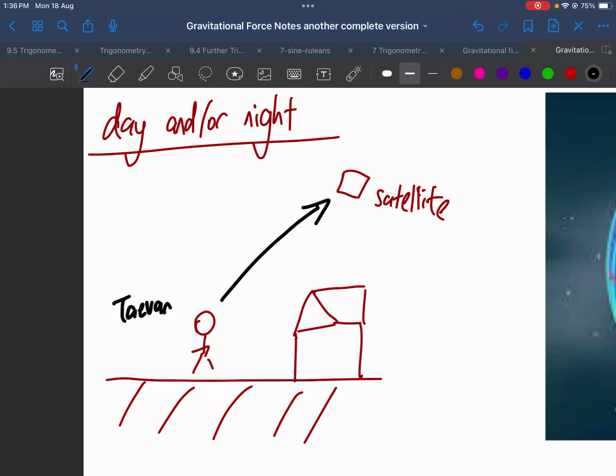Let's say 8 hours have passed, 16 hours have passed, and the satellite is still there. It's still at the same spot in the sky, be it day or night. So that is why, according to this person living on the Earth, they believe the satellite is not moving. So that's why we call it a geostationary satellite, all right?